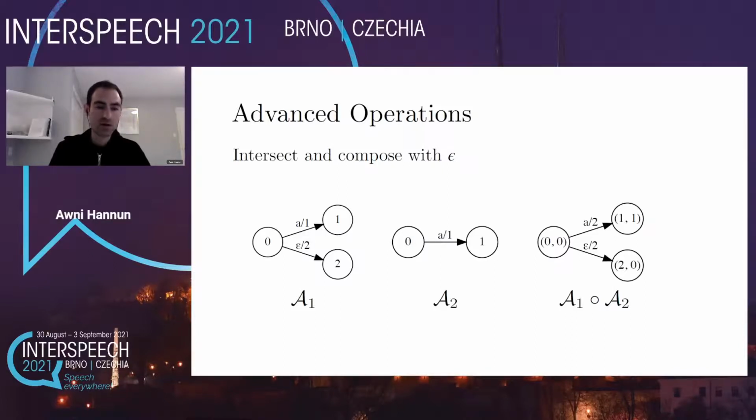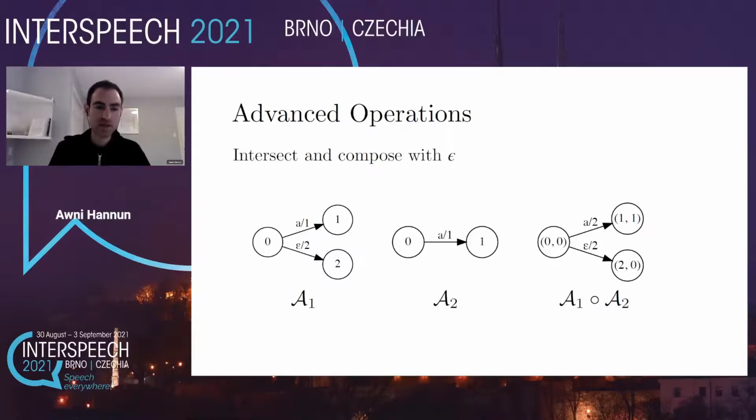Usually the intersection would just have one arc, the arc with the label A. But since the input graph also has this epsilon transition, you can optionally follow this epsilon transition in the first graph. So now you would have to construct the epsilon transition in the intersected graph.